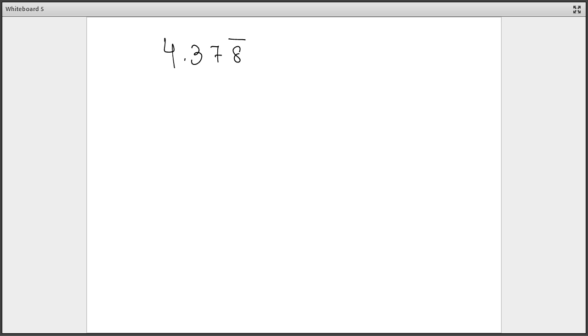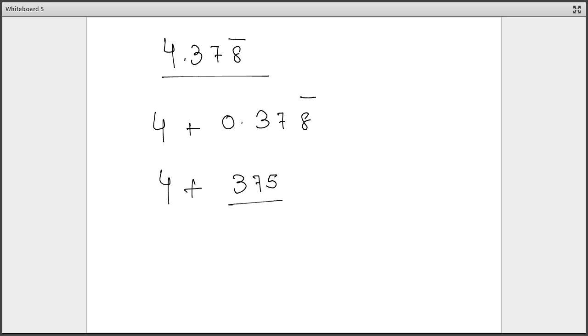Okay, now there is an alternate approach to find this fraction. 0.378 with a bar. I have to find the value of p by q of this number. Okay, the logic is this. First of all, simply write all three digits. If there are three digits, simply divide these three digits by 999.